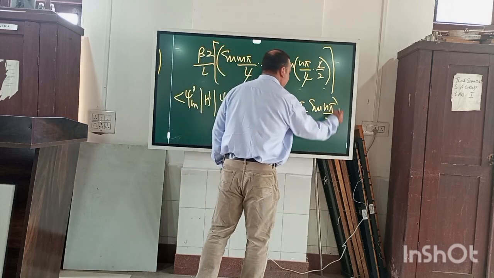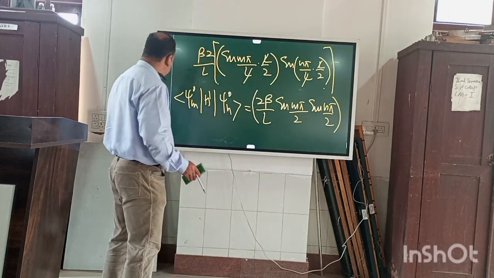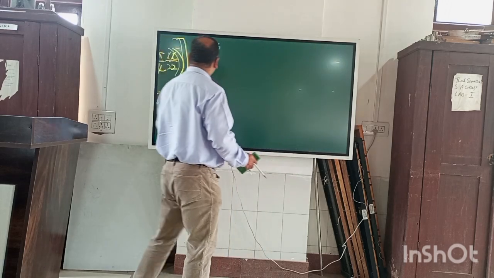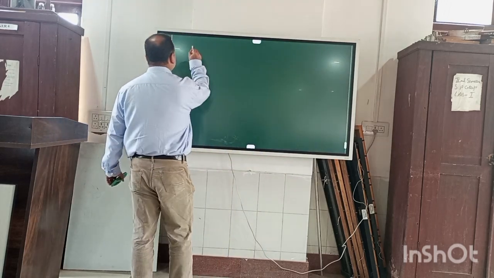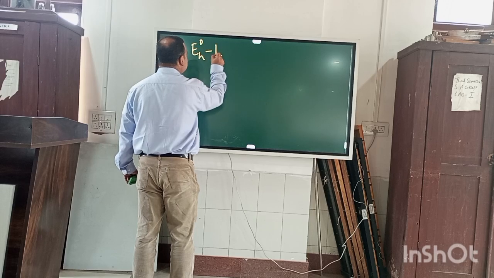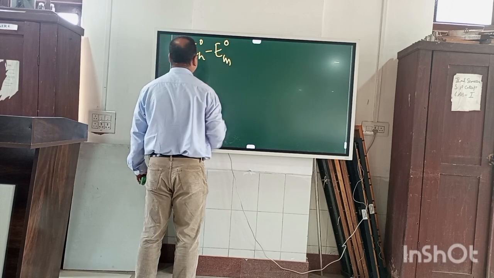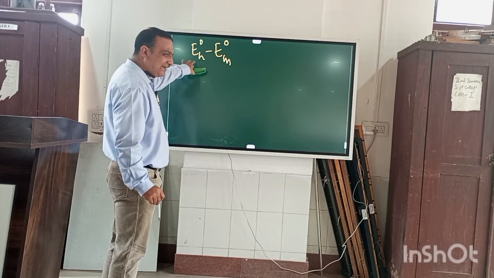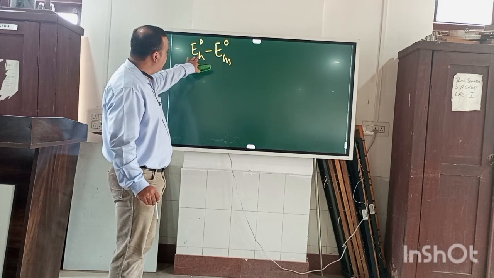And the next important thing is the difference between En naught minus Em naught. And we better understand here, in this case, we have been correcting our wave function up to the first order.